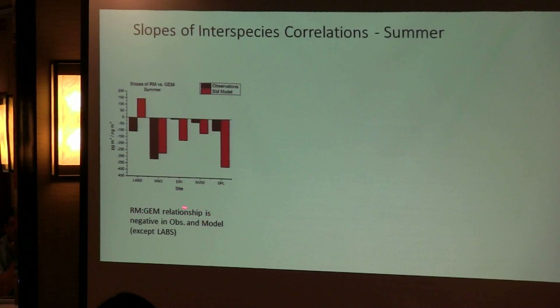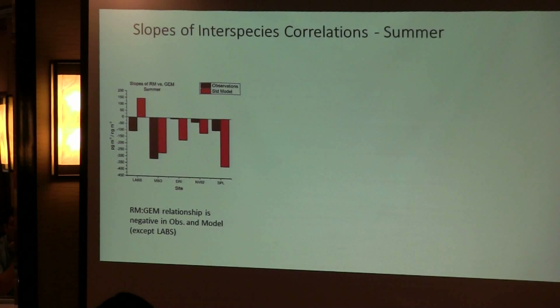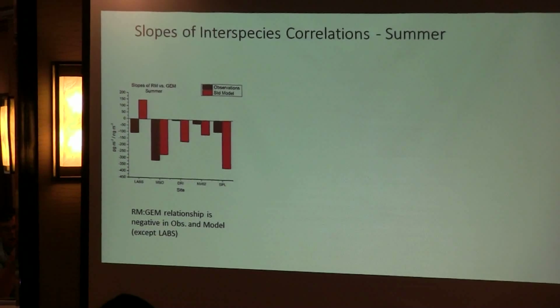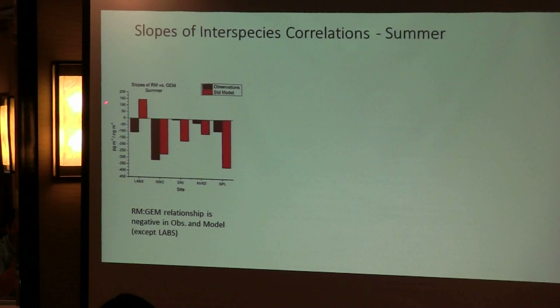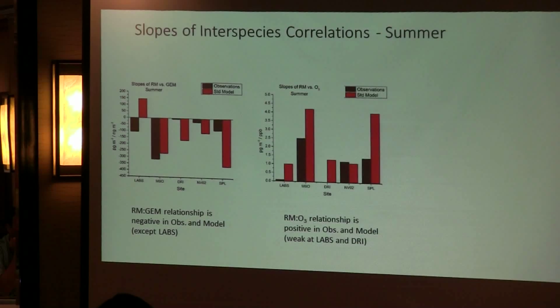And you can see that the relationship is predominantly negative in the observations and in the model, except with this notable exception here. The model predicts a positive correlation between elemental mercury and reactive mercury, probably because of some pollution outflow contribution, which was not observed. But in general, the observations show a consistent negative relationship between reactive mercury and elemental mercury.